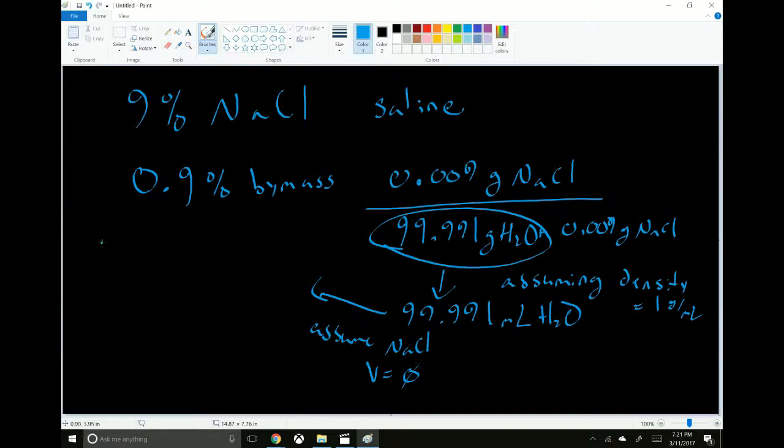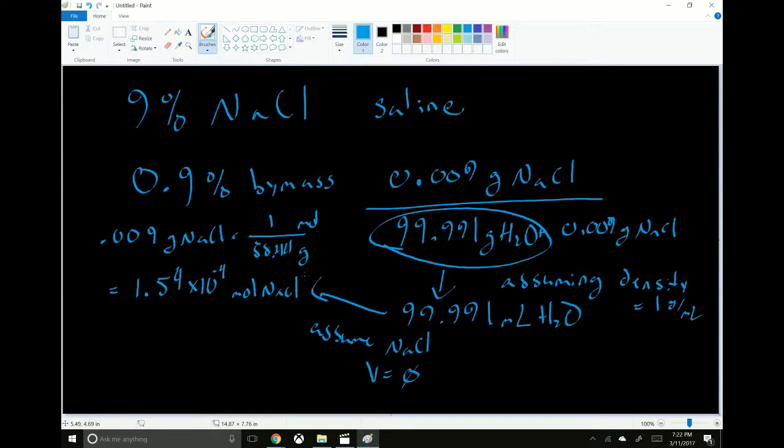So, 0.009 grams NaCl times 1 mole for every 58.44 grams gives us 1.54 times 10 to the negative fourth moles of NaCl.